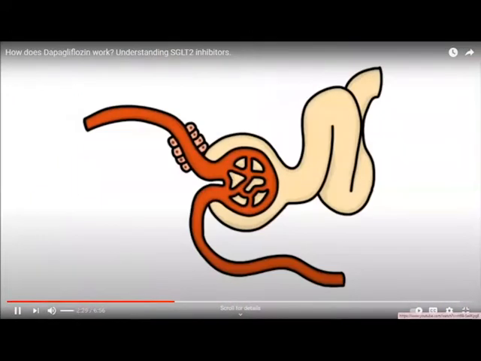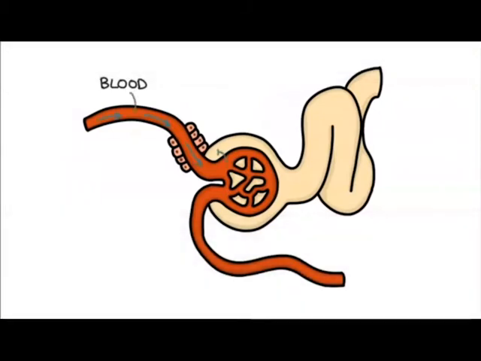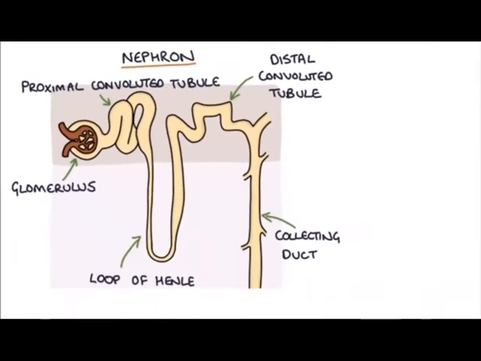How it works is water and small molecules are filtered from the blood into what we call the filtrate in the glomerulus, and then varying amounts of water and molecules are reabsorbed from the filtrate into the blood along the tubules, loop of Henle, and collecting ducts, and what's left in the filtrate becomes the urine. For the purpose of understanding SGLT2 inhibitors, we're most interested in the proximal tubule.